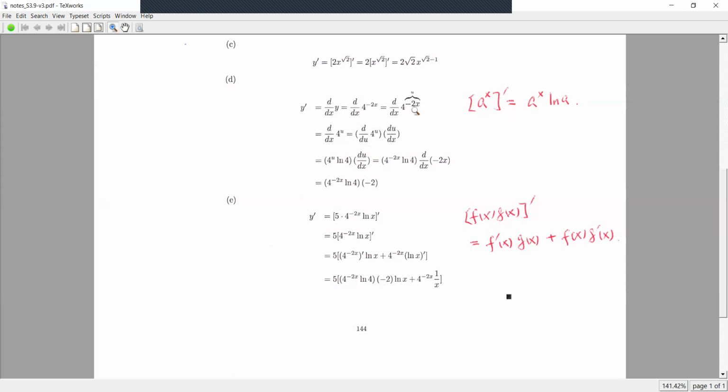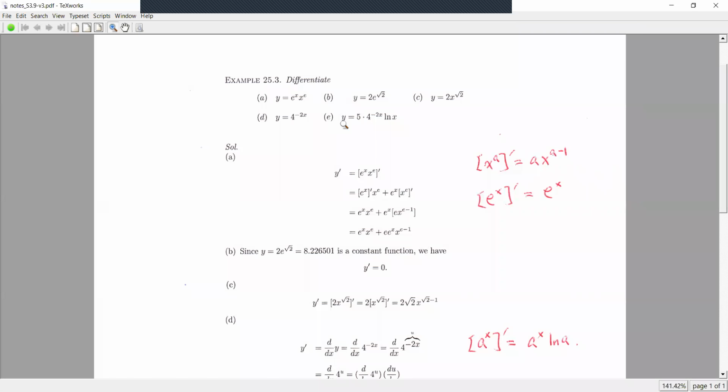Plug in negative 2x in the u here, then I have this equation. Now, for this derivative on negative 2x with respect to x, it is negative 2. Then this is the result to part D.